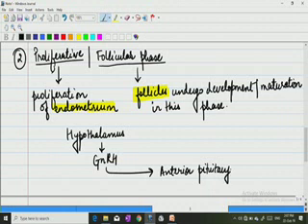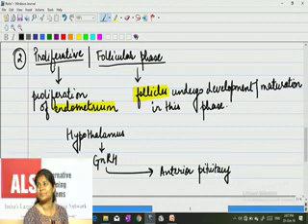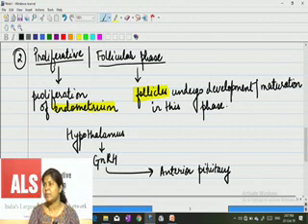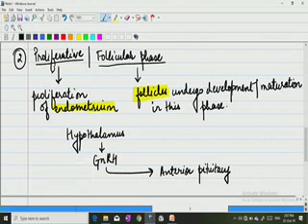And what is the anterior pituitary going to release in response? Please tell me. When the anterior pituitary is acted upon by GnRH, what is it going to release? I cannot see her typing. Who is typing on her behalf?